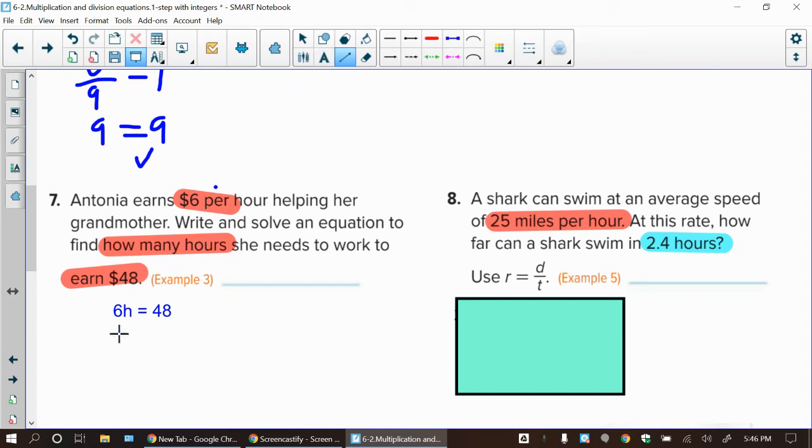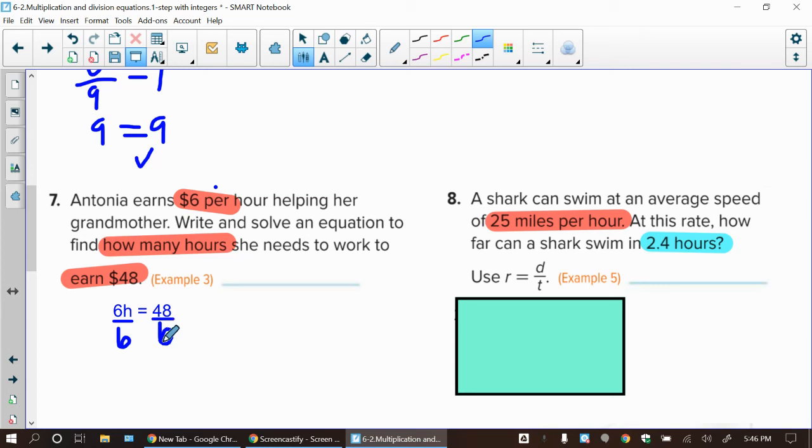The next thing they want us to do is solve for H. How many hours is she going to work? Well, we want to divide because we're multiplying and the opposite of multiplication is division. So what am I going to multiply or divide by? Well, is my H over here? No. Here's my H. I want to divide by 6 because that's what's with the variable.